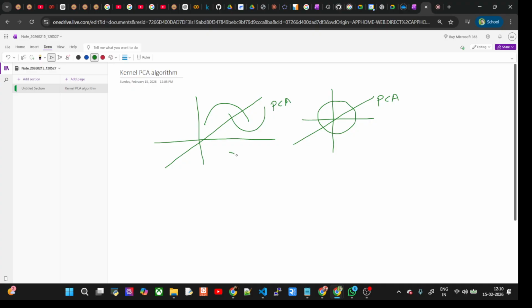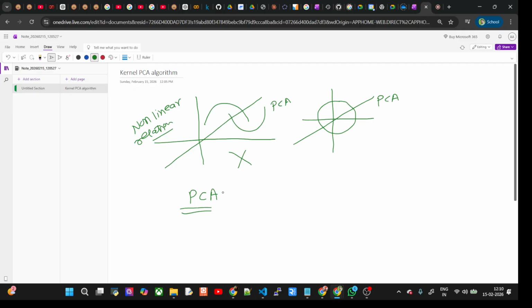If there is this kind of non-linear relation in the feature points, I need to use a different method to do the PCA. So what is the expectation of PCA?